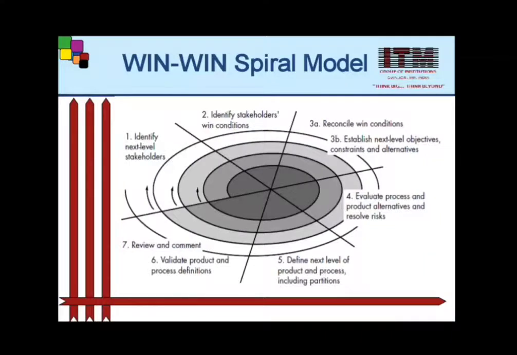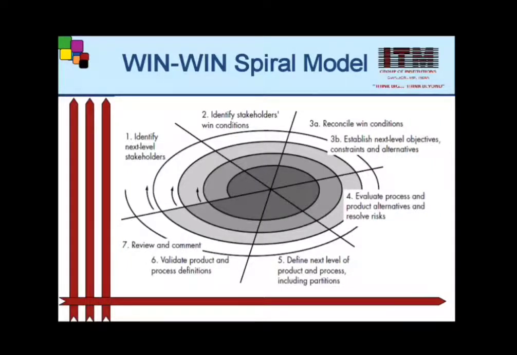this is the pictorial representation of a win-win spiral model. Here you can see some phases like identify next level stakeholders, identify stakeholders' win conditions, reconcile win conditions, then establish next level objectives, constraints and alternatives.